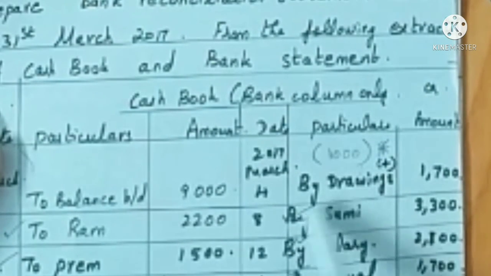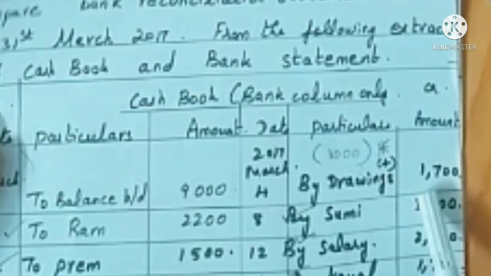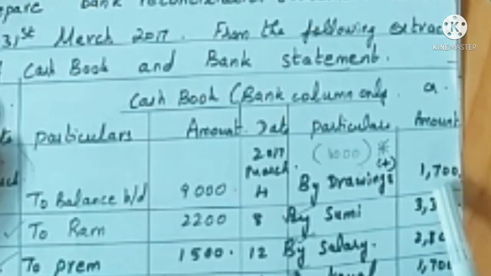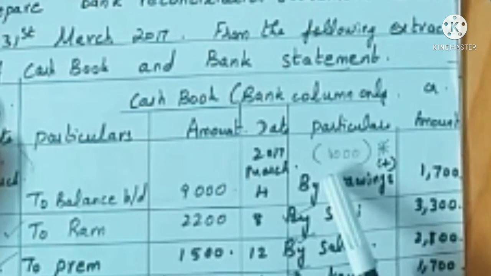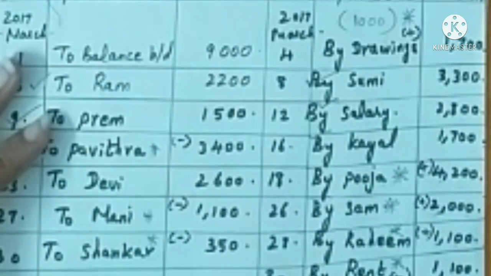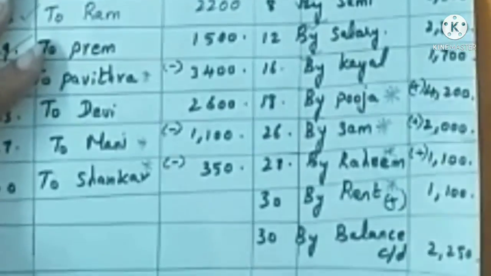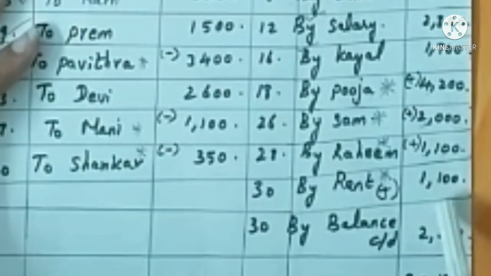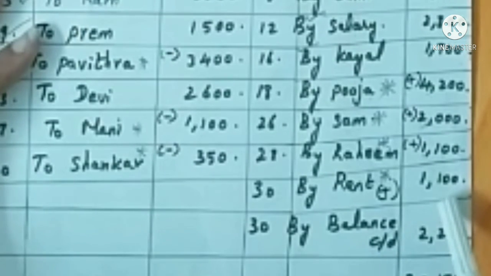Next one we are going to add is by drawings. 1700 is credited in the cash book but in the passbook only rupees 700 is recorded. Rupees 1000 is not recorded. So we have to add rupees 1000. Then by rent 1100 has to be added.